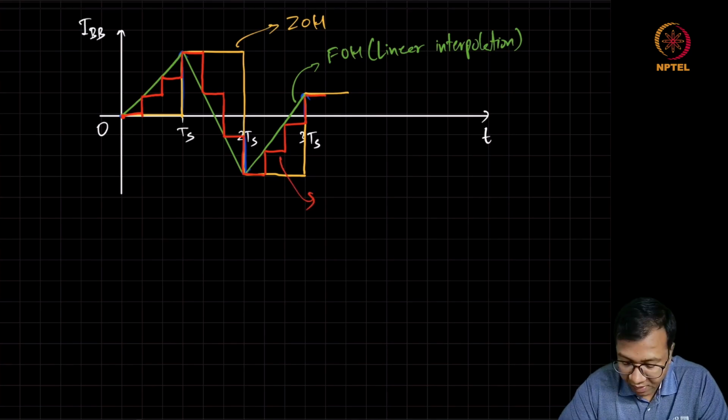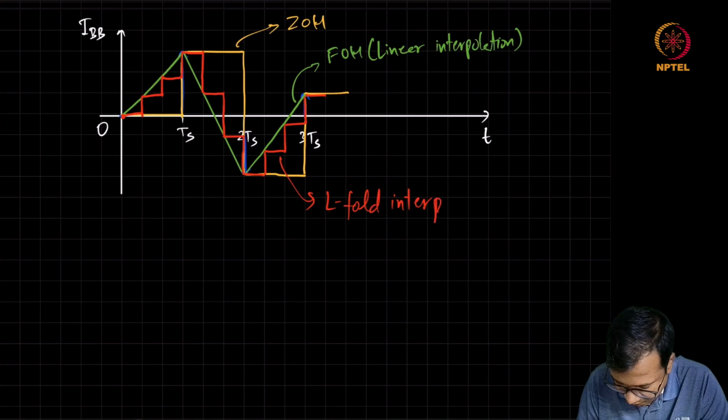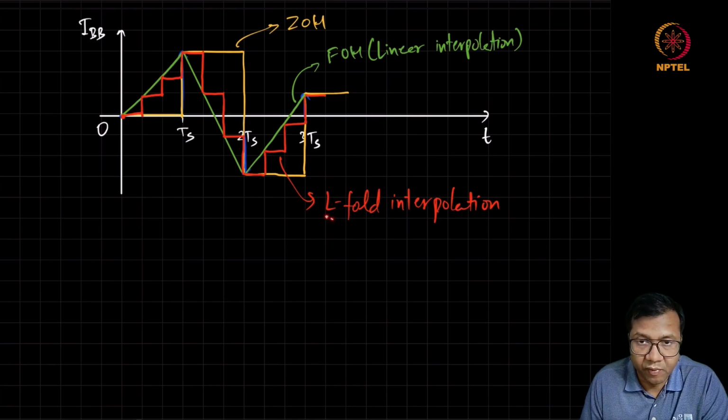So this is also called as L-fold interpolation. Here we can see that the number of steps which we are taking is 3. So this is a 3-fold interpolation.